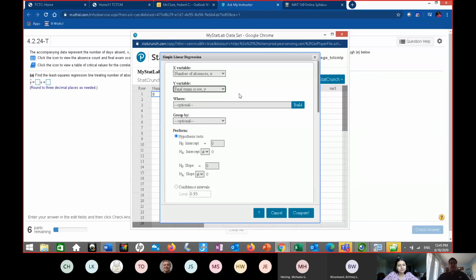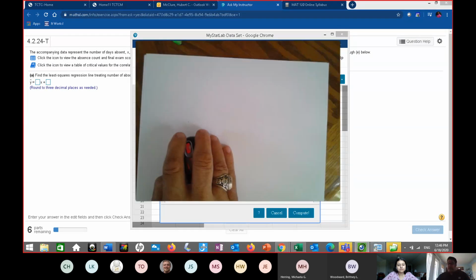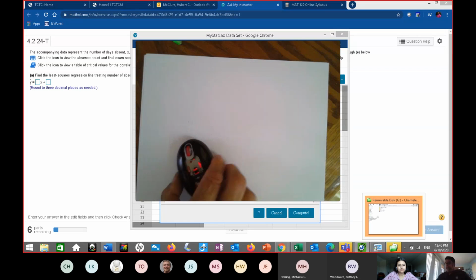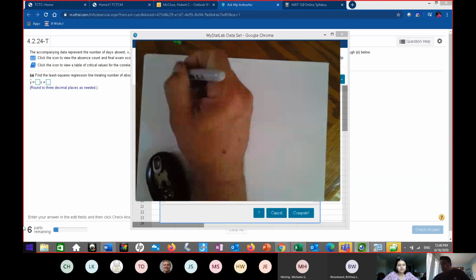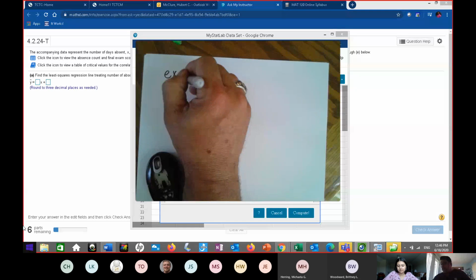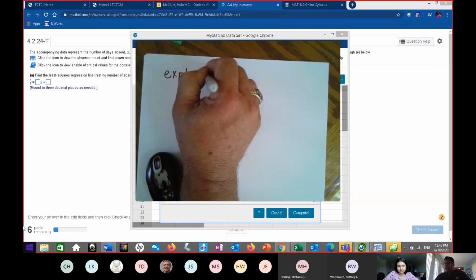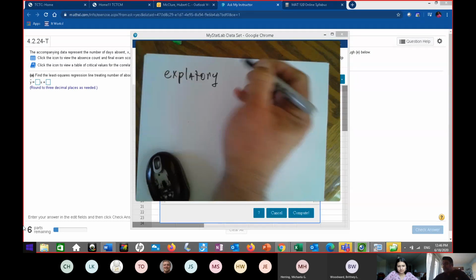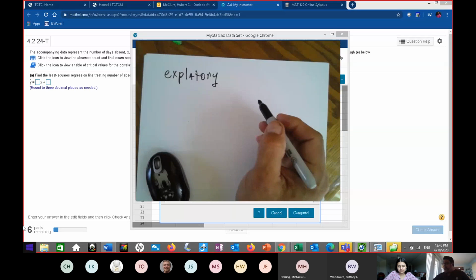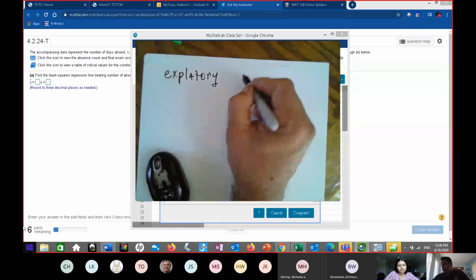Let me ask you a question. Remember what exploratory means? Exploratory means you're independent, right? The exploratory variable always is the independent. You know how I remember it? Anybody want to take a guess?